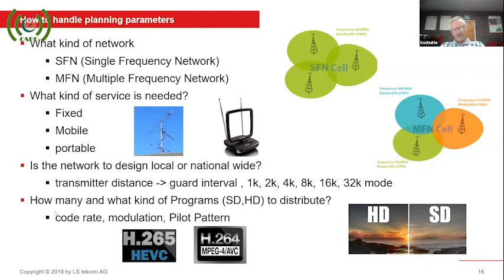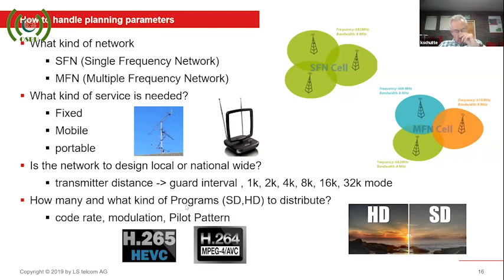So the reason why all of these parameters are important, it will also eventually result in a total bit rate per multiplex, and all the programs in the multiplex then will take up the total bit rate of the multiplex, which can be, say, in the region of about 25 megabits per second.